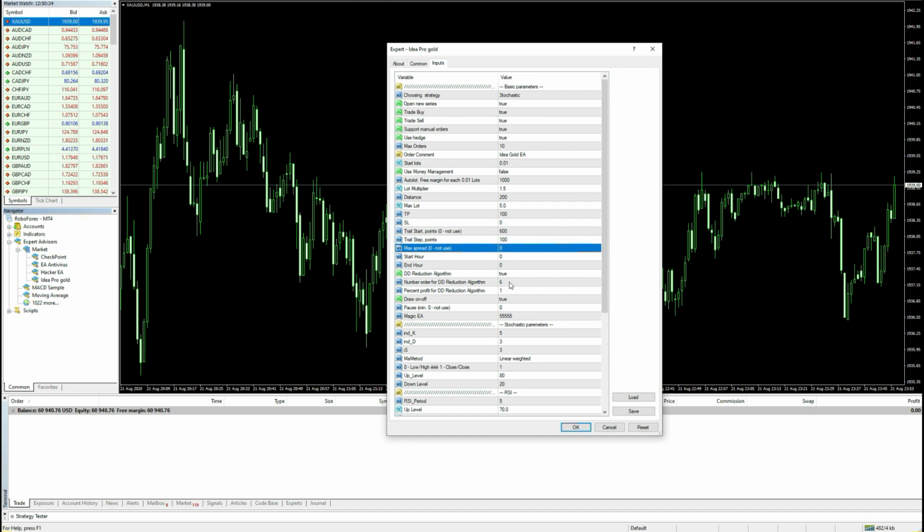But I noticed that it doesn't close anymore after that. If you have built up another 6 positions since it closed earlier, I have not noticed it closing again. So it only works once, if I'm not mistaken.